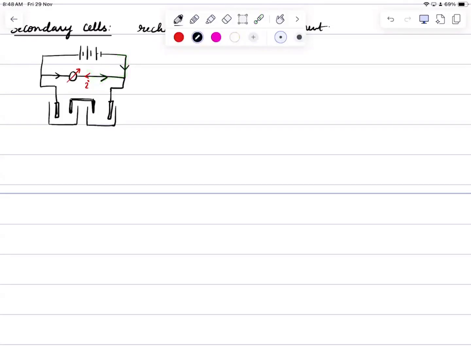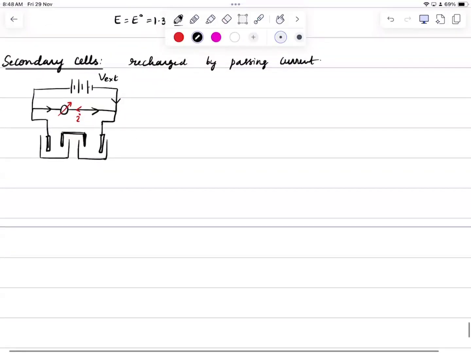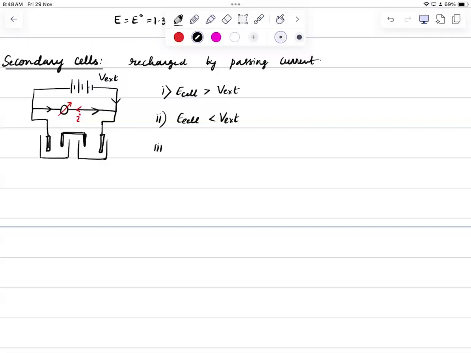So if I call this as E external, or this is a voltage which you can get, so I'll write it as V external. So there are three conditions I can get. One, E cell which we are creating could be greater than V external, or second, E cell could be less than V external, and third would be E cell is equal to V external.